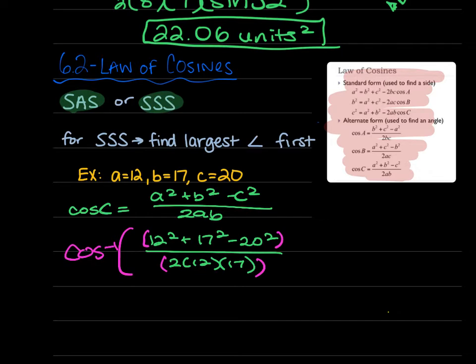So second cosine, open the parentheses again, 12 squared plus 17 squared minus 20 squared, close those parentheses, divided by, open them back up again, 2 times 12 times 17, and I get angle C is 85.36 degrees.